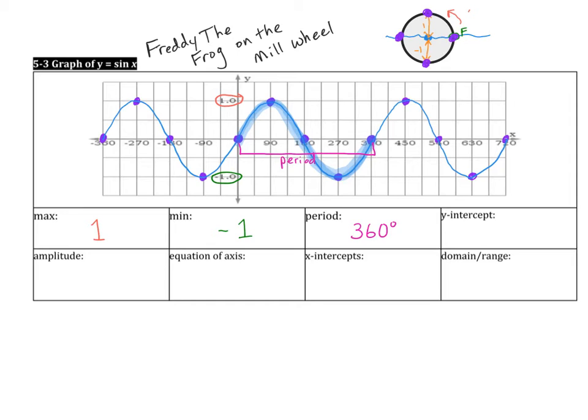And I want you to think about that and think about that making sense, because as Freddy the Frog goes around the wheel, it's going to take him 360 degrees to go all the way around the wheel. So the period is 360. And you want to remember that your key points change every 90 degrees.